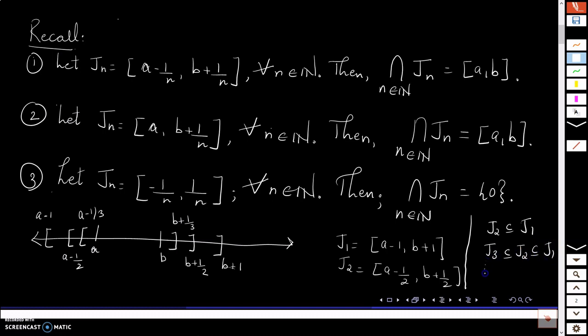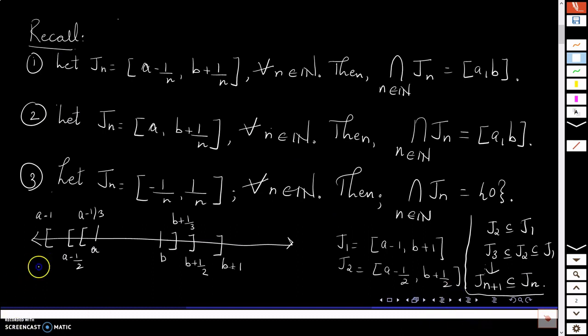So how can I generalize this? The n plus 1th interval Jn plus 1 is contained in Jn for each n, right? So the intervals, if you see in the first example, are of this type. I have a collection of intervals whose length is decreasing.